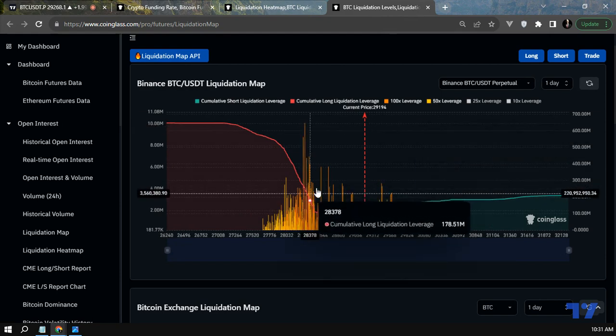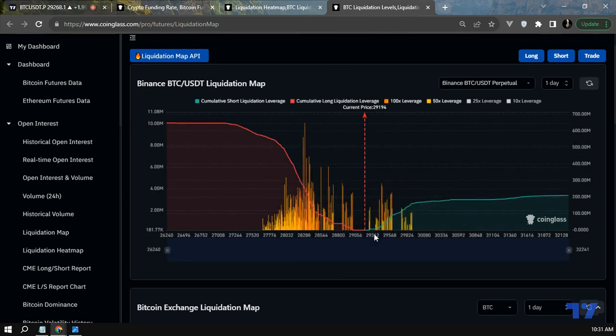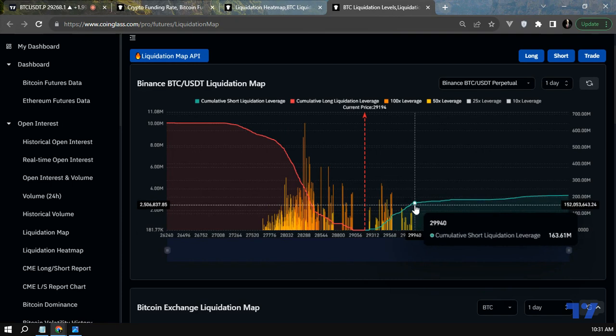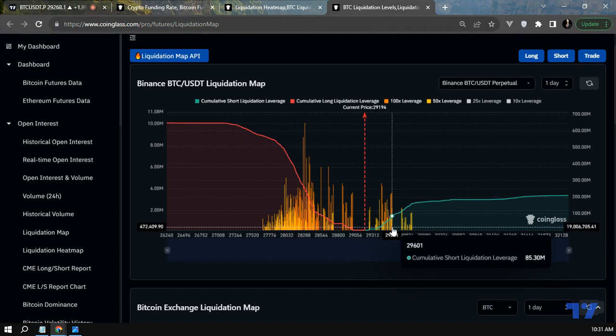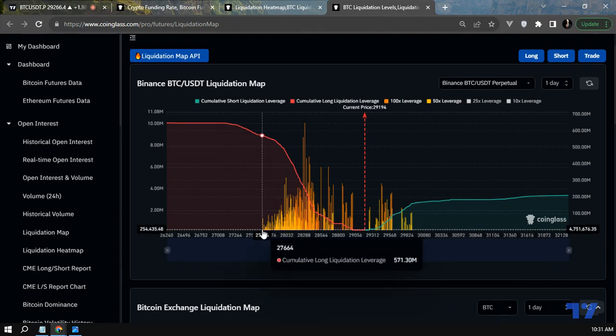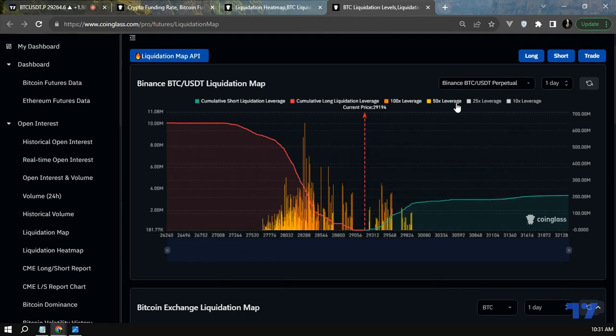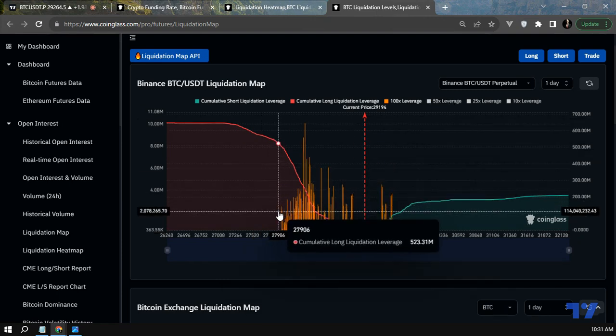What matters is the 50x and the 100x leverage. So the 50x, with the 100x to the upside, I would say maybe 29.6, you have 85 million. But to the bottom, we have 27.6, which is 571 million. Now, if you just take a look at the 100x's, there's a lot more at the bottom, which is 27.9.